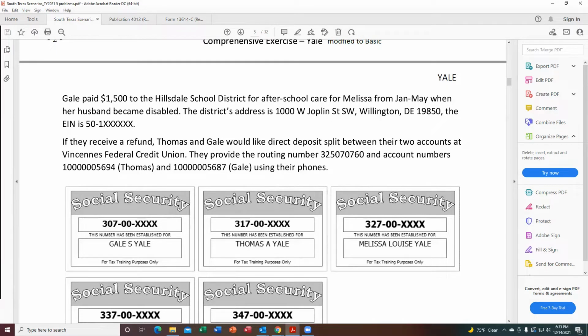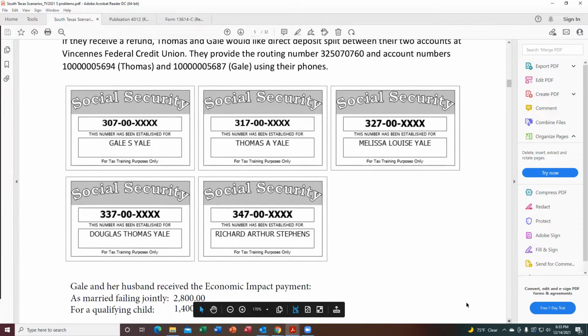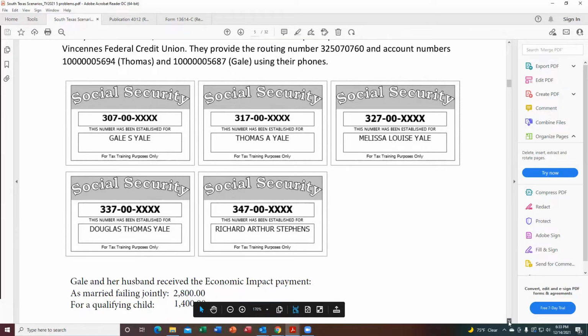If they get a refund, this is the information for the processing of the direct deposit. And then we have the information on Social Security cards. And of course, we would have IDs as well.